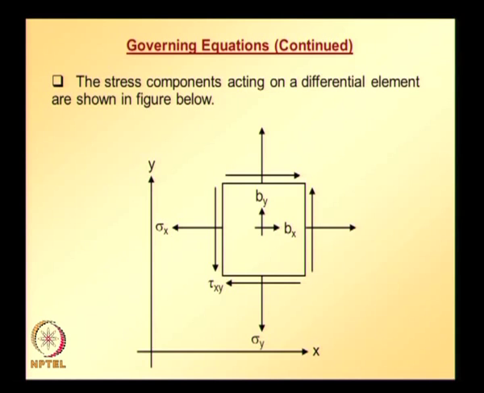So, if you look at this figure, on the planes farther from origin, the stress components are positive if they act along the positive coordinate directions. On the planes nearer to the origin, the positive directions are along negative coordinate directions. Physically, this sign convention means tension is positive, compression is negative. So, that is what we are going to adopt.